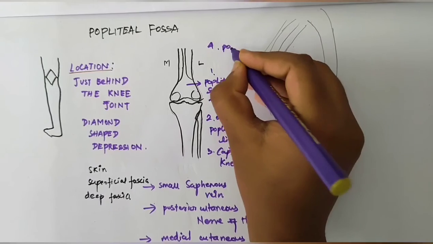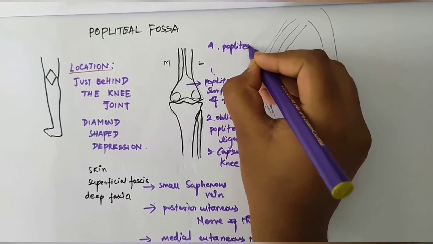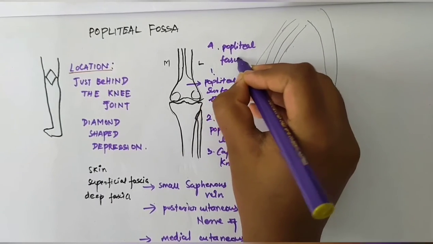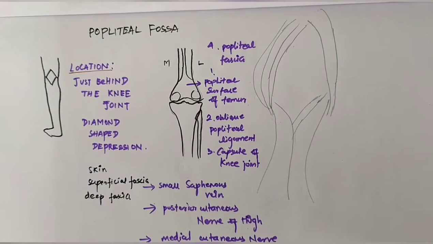Okay, popliteal fascia. These are the floor, and next we are going to see about borders.